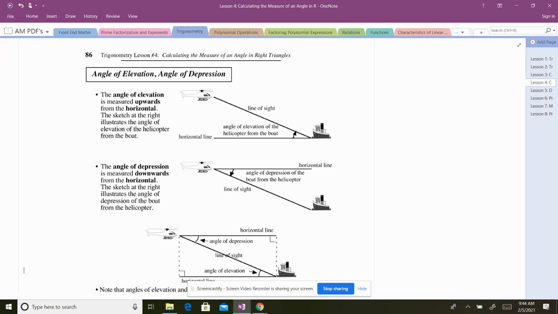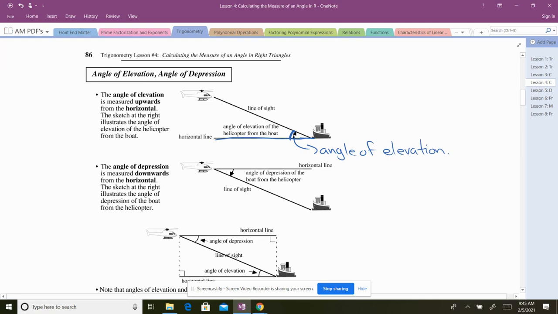So, if we have a helicopter flying, it's looking down at the ship, and they say, what is the angle of elevation? Is the ship looking up from the horizontal? Angle of elevation.